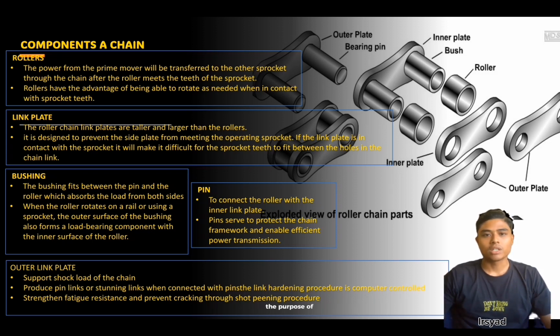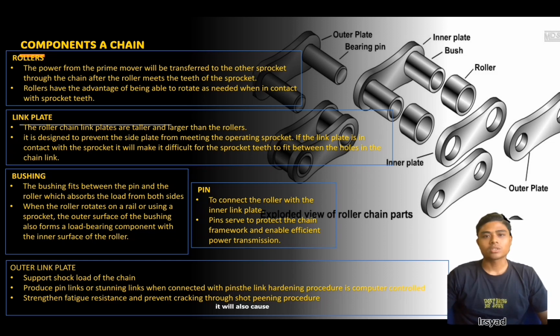The purpose of the roller rotating when in contact with the sprocket teeth is to reduce power loss. This is because if the roller does not rotate, it will increase frictional force and will indirectly result in increased power loss. In addition, it will also cause the sprocket teeth to wear more quickly.